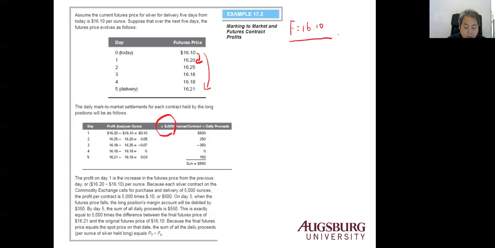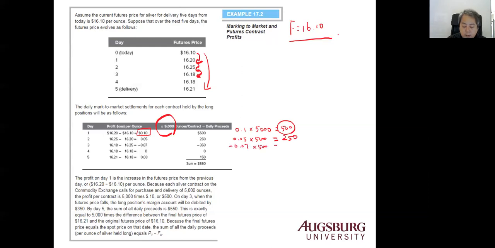So the price increased by 10 cents here, and contract size is 5,000 ounces, so you have $500 increase. Now next day, another 5 cents. So 5 cents times 5,000, $250 increase.